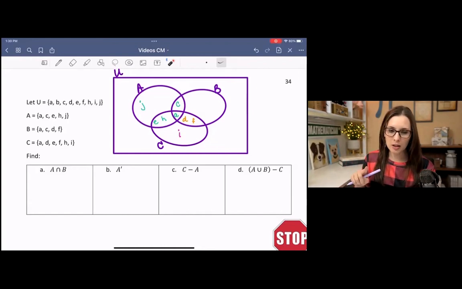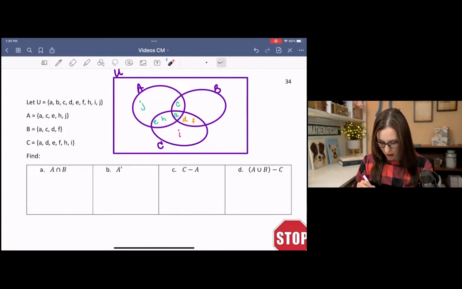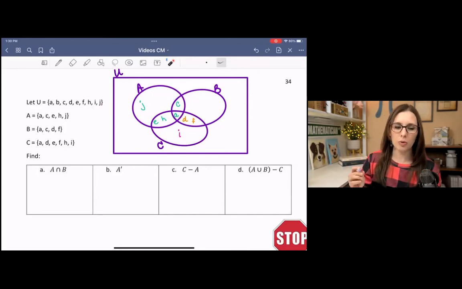And then the last thing I need to do is check and make sure that I've used all of these letters. So I know I have A, B, C, D, E, F. I skipped G, I guess. H, I, and J. So there's nothing else I need to write.